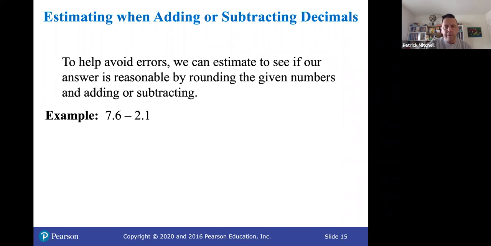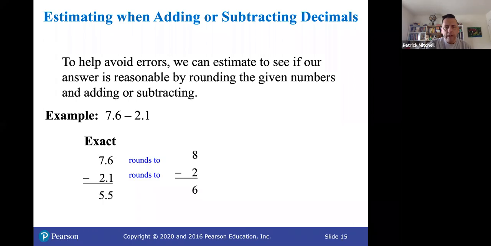So 7 6/10 minus 2 1/10. I'm going to round 7 6/10 up to 8. I'm going to round 2 1/10 down to 2. So my estimate for this answer would be 8 minus 2, which is 6. When I do the exact answer, I get 5 5/10, which is reasonably close to 6. So that tells me that that's probably a good answer.